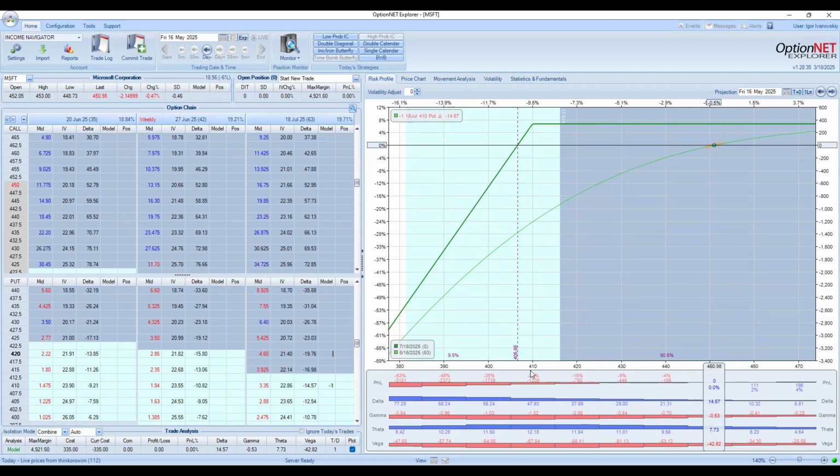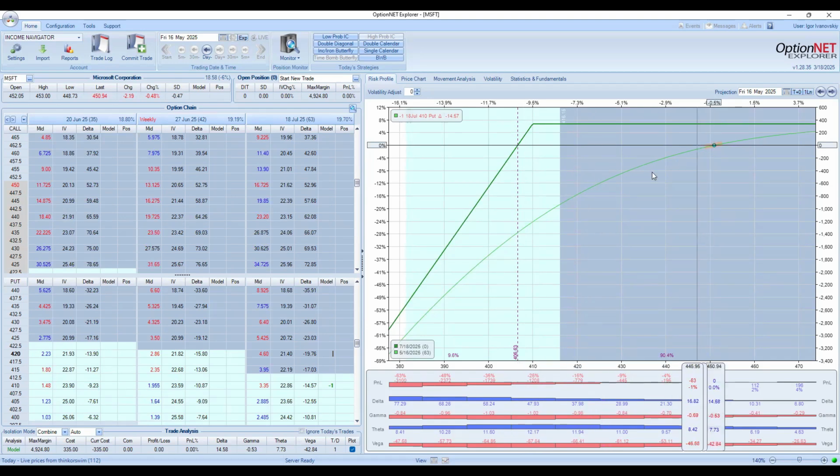So would you be willing to make about a 4.5% return with about an 85 to 90% probability, meaning that maybe 9 out of 10 times you will not have to buy the stock? And if you do have to buy the stock, you buy it at about a 10% discount to today's market price.